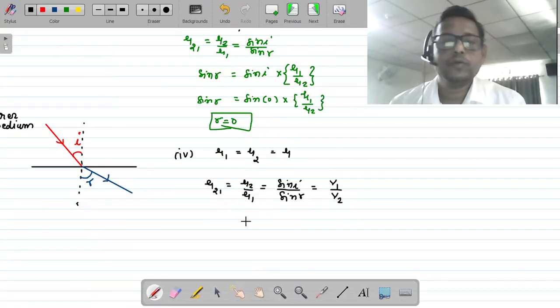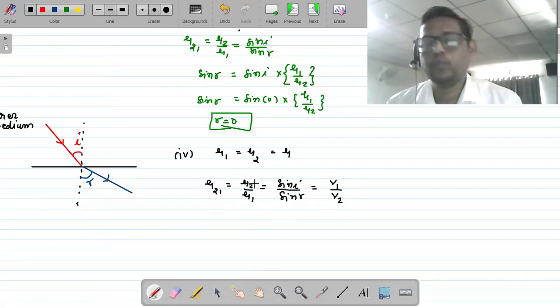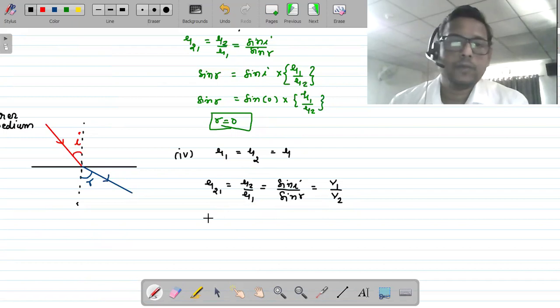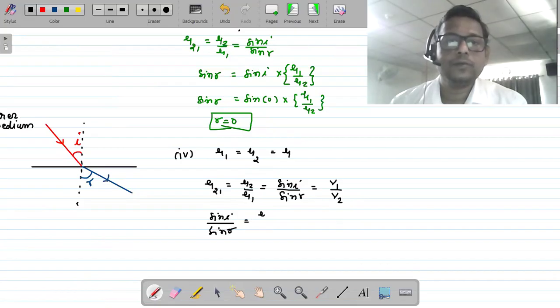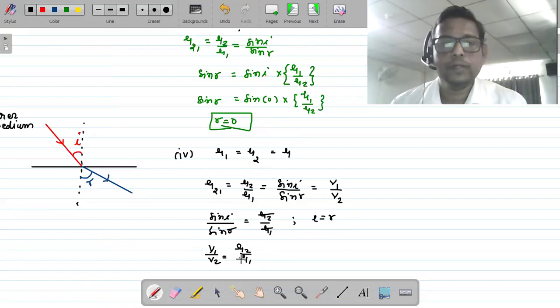Now because mu2 and mu1 are equal, I will get sine I divided by sine r is equal to mu2 by mu1. We cancel these two, so we'll get I is equal to r. And I can also say that v1 upon v2 is equal to mu2 upon mu1. So we cancel these two, and you will get v1 is equal to v2.